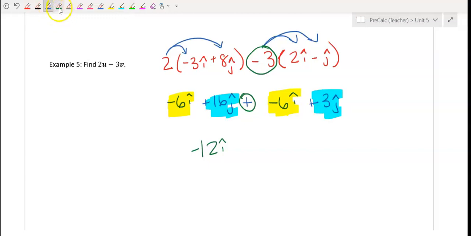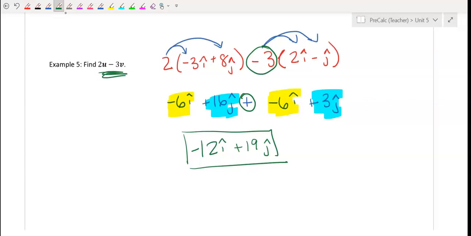And so that's now going to become 19j. And that right there is written as a sum of unit vectors, saying that I have negative 12 horizontal vectors and I have positive 19 vertical vectors, all with a magnitude of 1. That is going to get me what 2u minus 3v is.